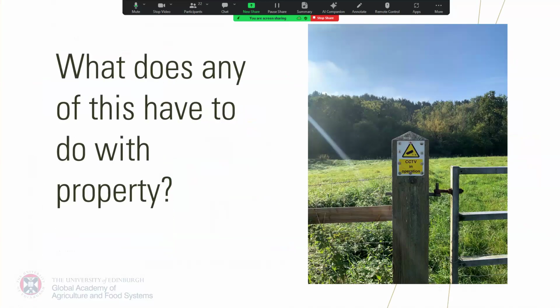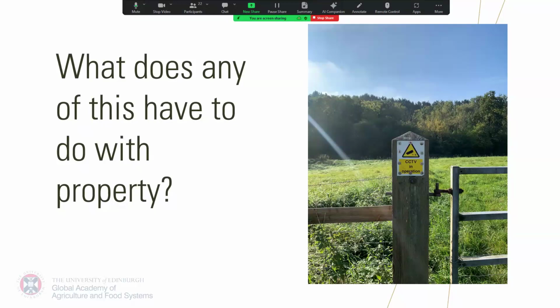But what does any of this have to do with property, I hear you ask? So a lot of research into barriers to or enablers of transformation to agroecology look at things like education, skills training, consumer awareness, corporate concentration of power, and access to land as key barriers, or on the flip side, key solutions.